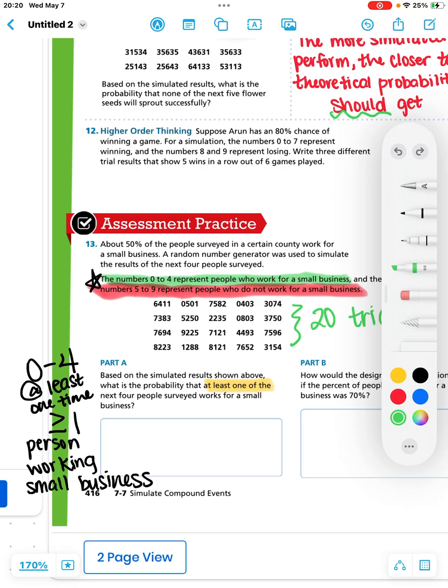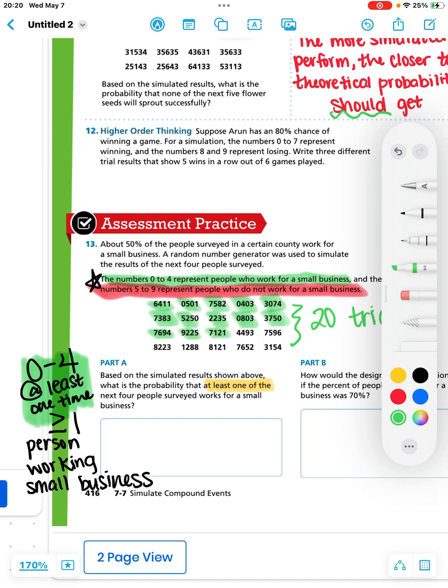So 6, 4, 1, 1, that's a couple of them. Got a 0, 0, 5, 8, 2, got a highlight, got me a 0, 3, got a 3, 5, 2, 2, 2, 0, 3, 7, 5. I have a 4, got me a 2, 1. Notice what I'm doing. This is my criteria I'm looking for.